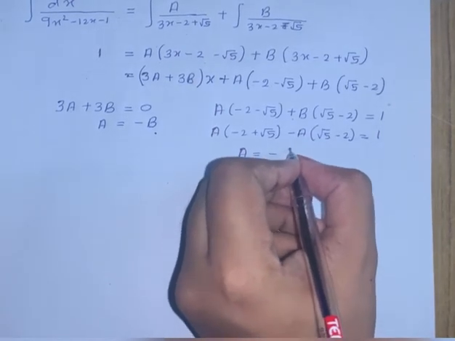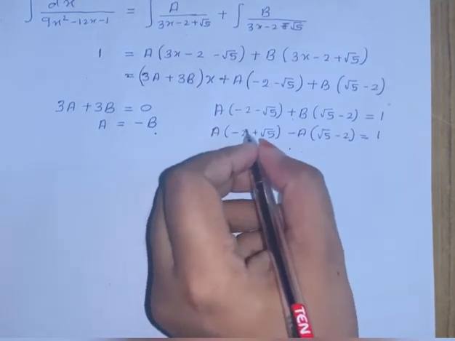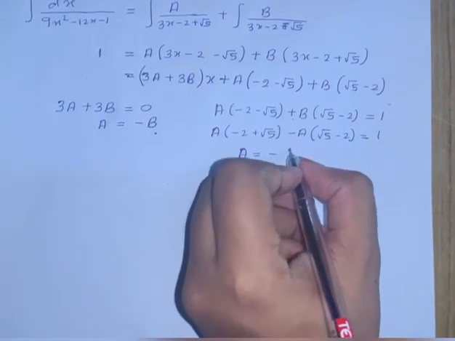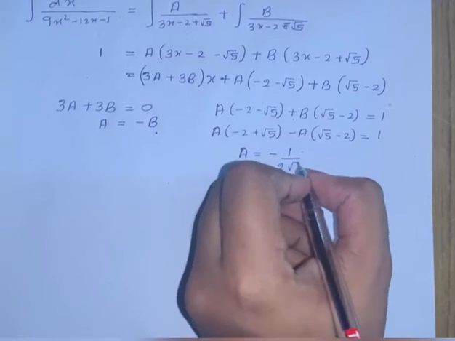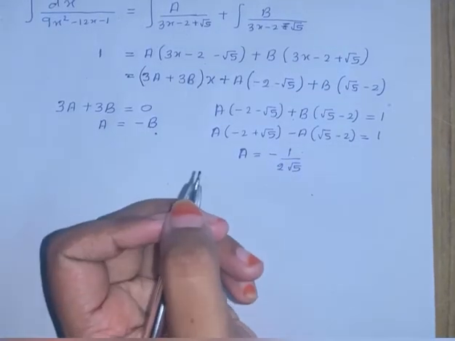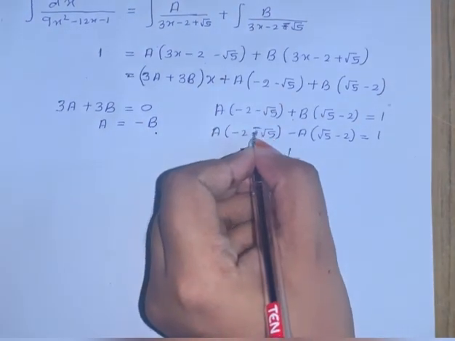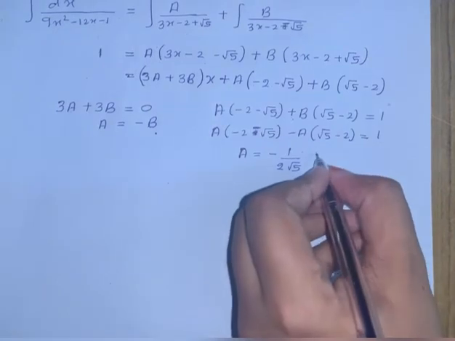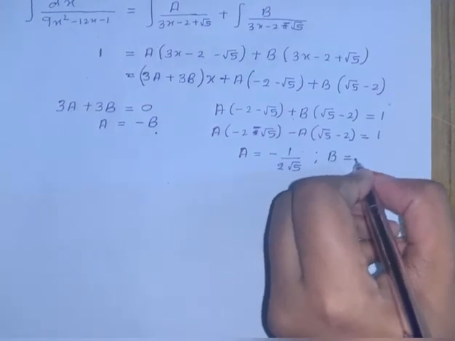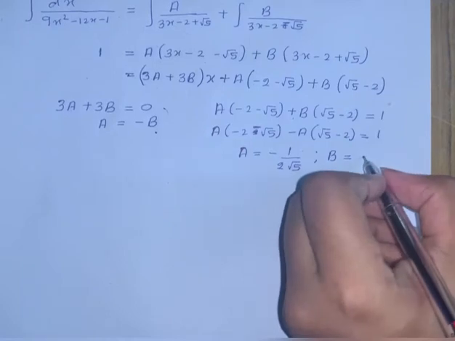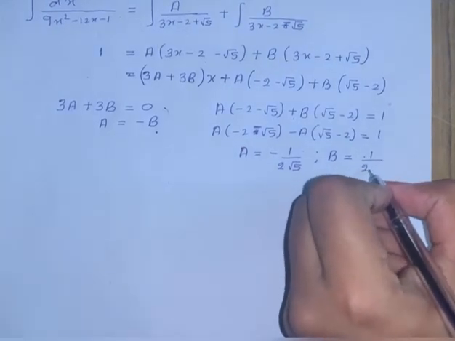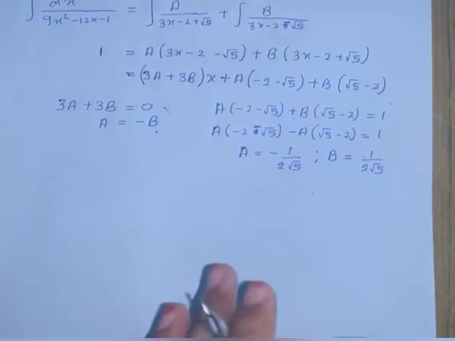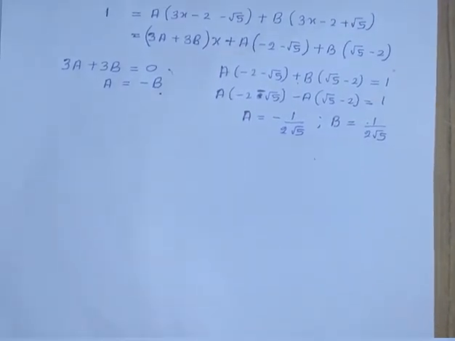So a is equal to minus 1 over 2 root 5, and b is the minus value of a. So b will be plus 1 over 2 root 5. Yes. Okay, then we can simply substitute the values and go further.